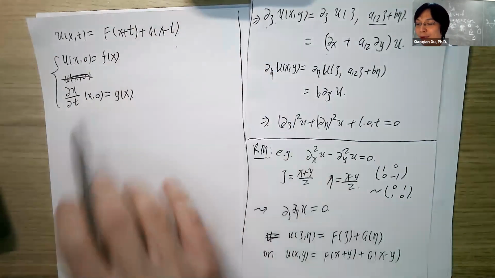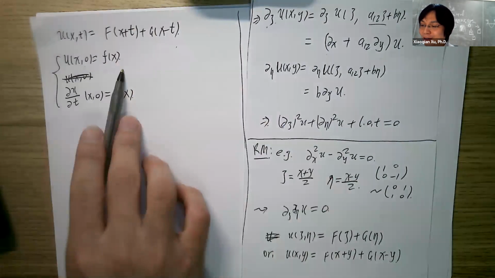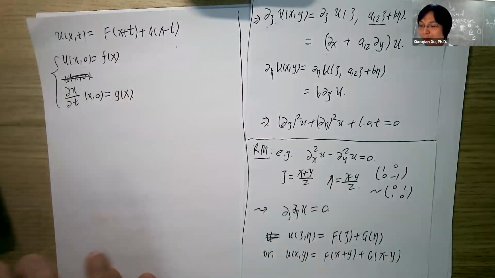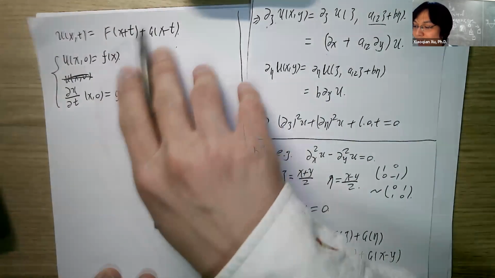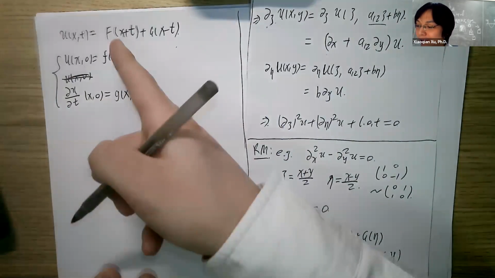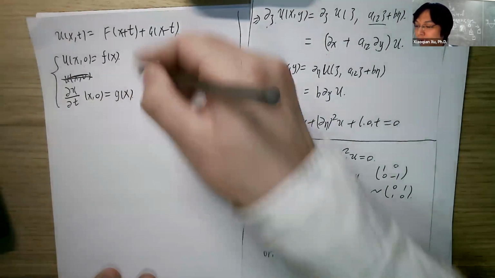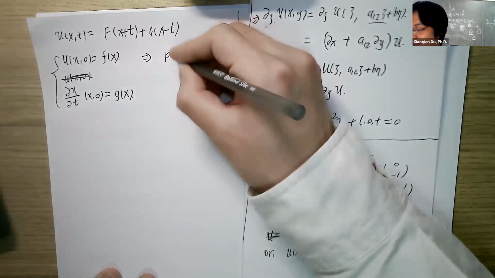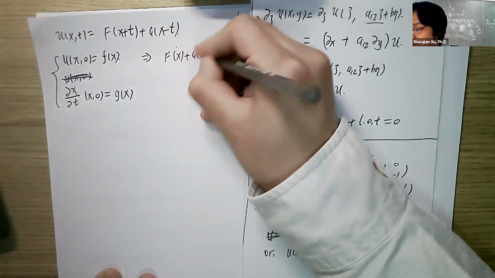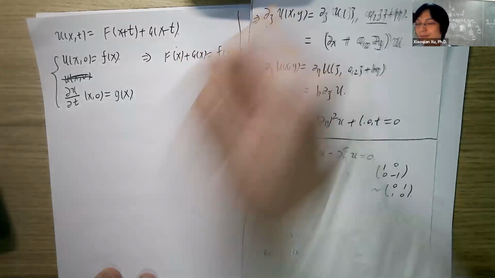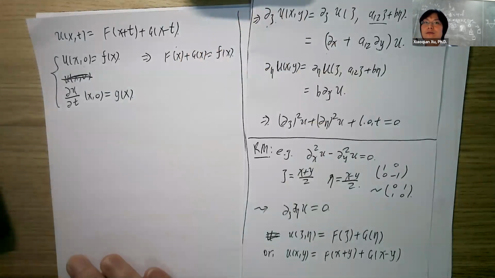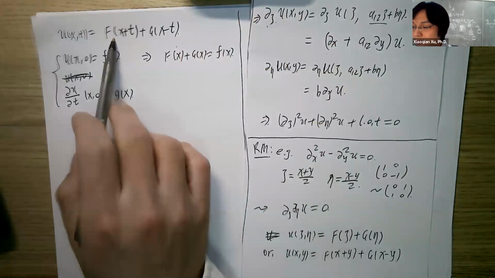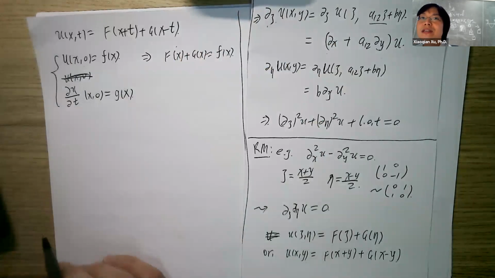What is f? Well, from the first condition, you plug in t equals 0, and you should get f(x) plus g(x) equals little f. Based on the second condition, you have to take partial t here, right?